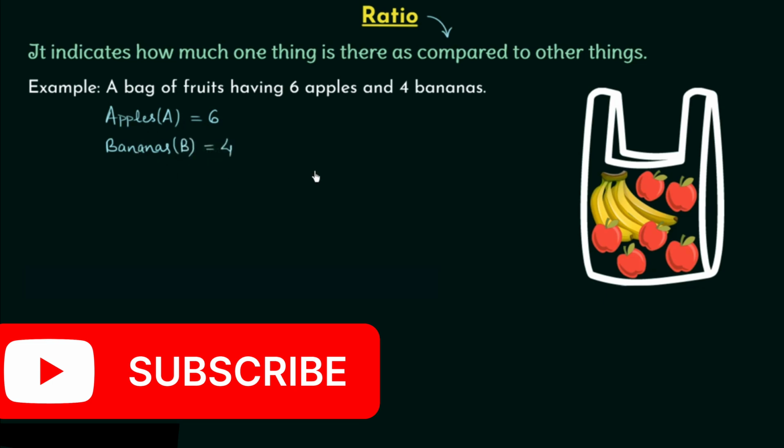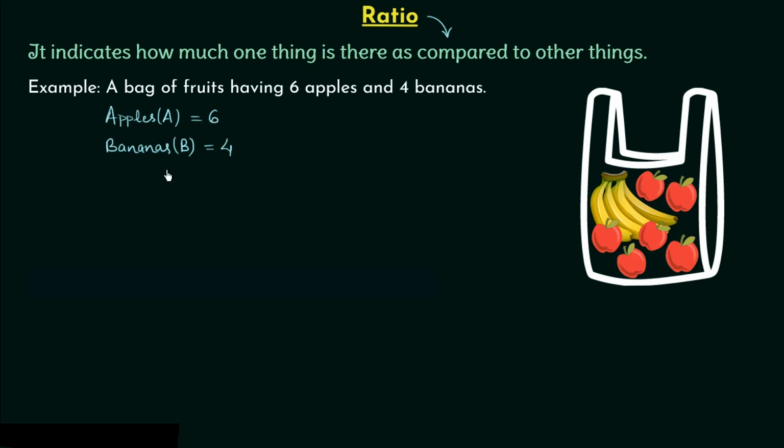Now if I ask you to tell me the comparison between the apples and bananas, then you will say there are 6 apples as compared to 4 bananas. So we say A, the number of apples, compared to B, the number of bananas, is equal to 6 ratio 4. The comparison is the ratio, and we read it A is to B is equal to 6 is to 4.